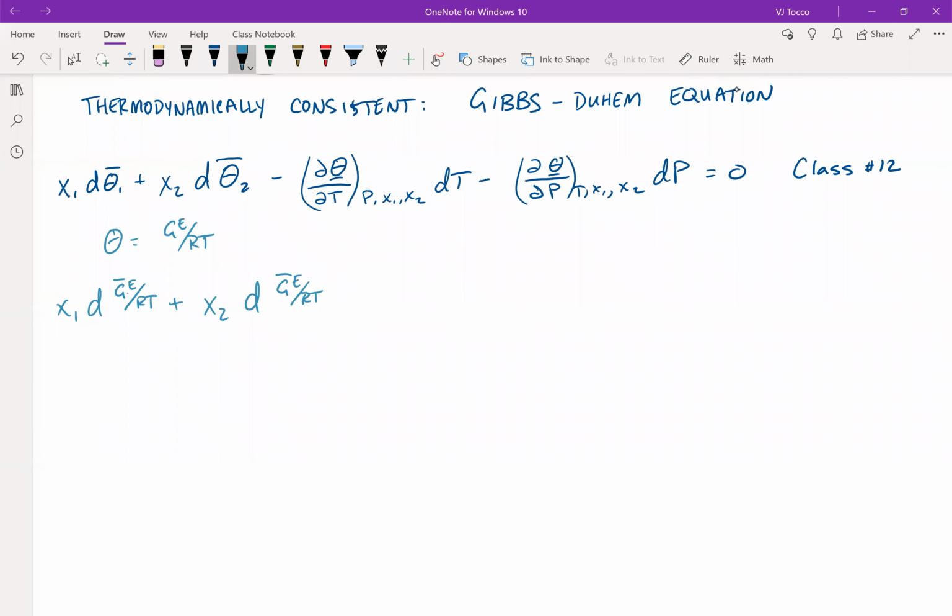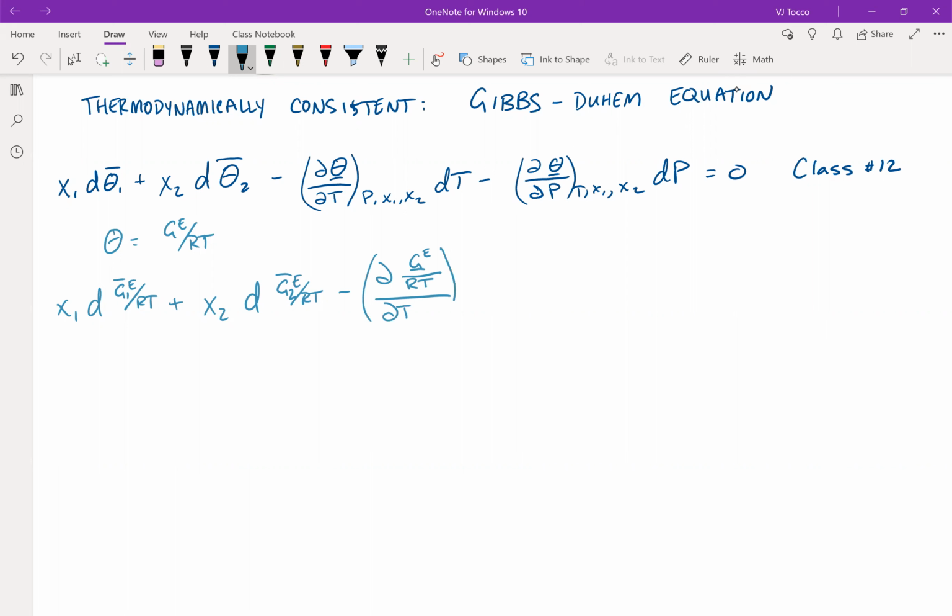And I need subscripts here for 1 and 2. Okay, and then the partial derivative of the partial molar Gibbs free energy, the partial derivative of the Gibbs excess molar free energy.